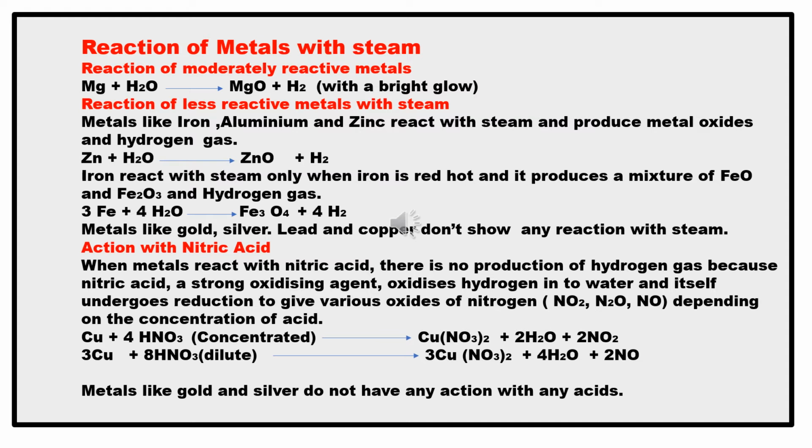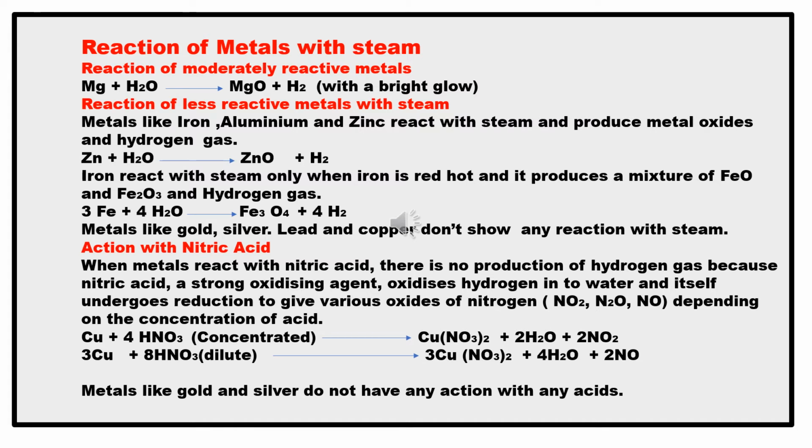So, when nitric acid reacts with metals, instead of releasing hydrogen, it releases water because nitric acid is a strong oxidizing agent. An oxidizing agent is a substance which can provide oxygen during a chemical reaction. So, the hydrogen released during the chemical reaction will be oxidized by nitric acid and form water.